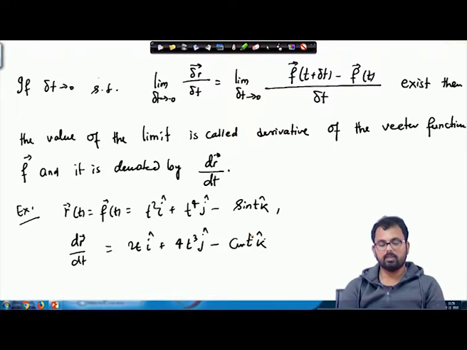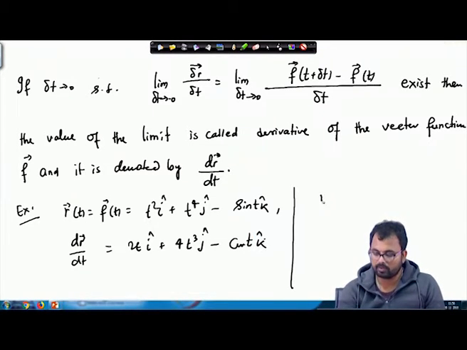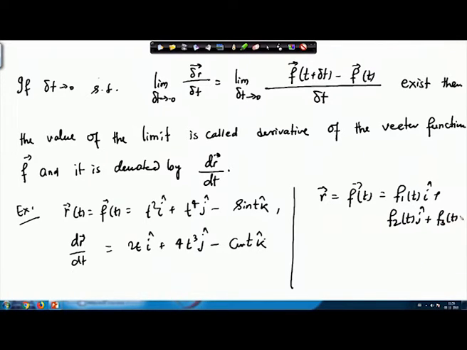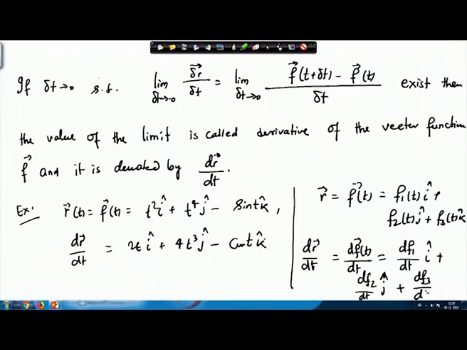When it comes to differentiating a vector function r equals f of t equals f1 of t i plus f2 of t j plus f3 of t k, the derivative dr dt, given by df dt, is df1 by dt times i, df2 by dt times j plus df3 by dt times k. These are all functions of t. This is how we differentiate a vector valued function.